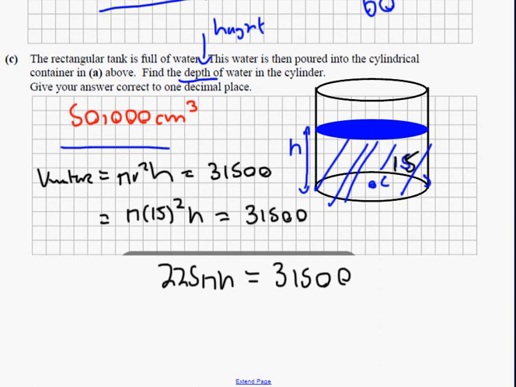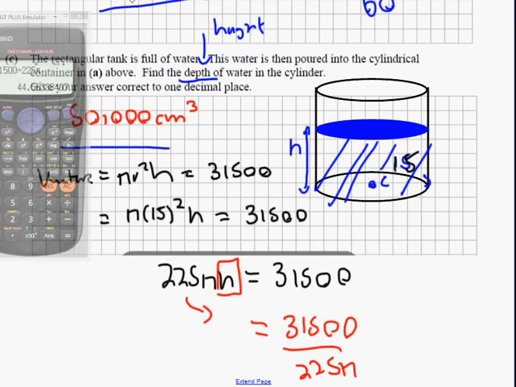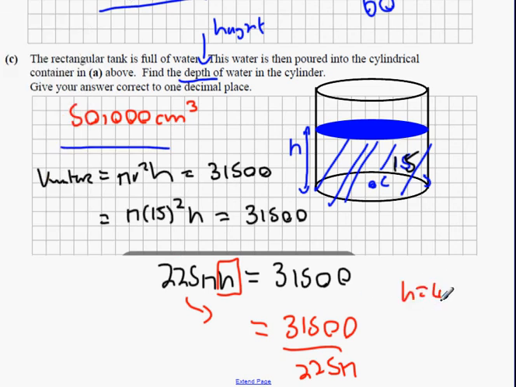Bring it underneath. And what do you get now? 139.66 centimetres. And what does it tell me to do with that? Does it tell me to round up or anything like that? 44.6 centimetres.